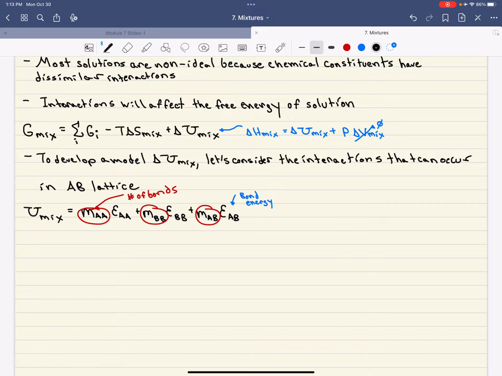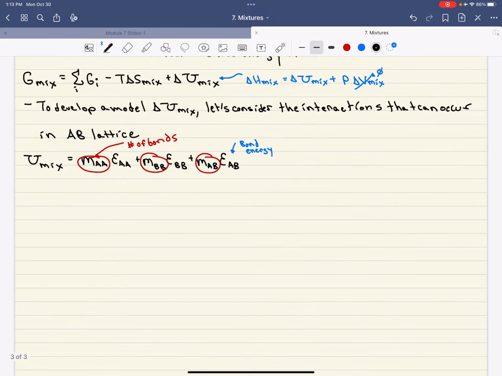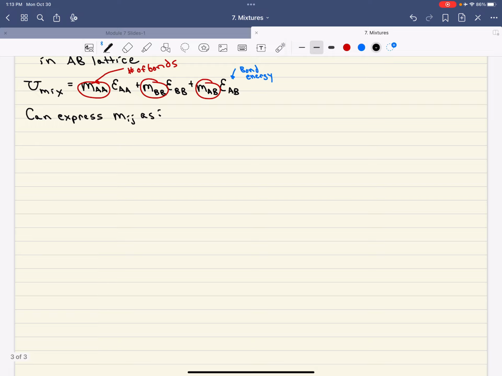In order to describe them, we could develop extra equations to describe the number of those bonds. Okay? And essentially, most of those equations will just be material balances. And so in order to figure out the number of bonds that the A molecules are involved in, we could just think of the number of A molecules we have, N_A, multiplied by the coordination number, right, which tells us how many bond slots are available for that molecule.